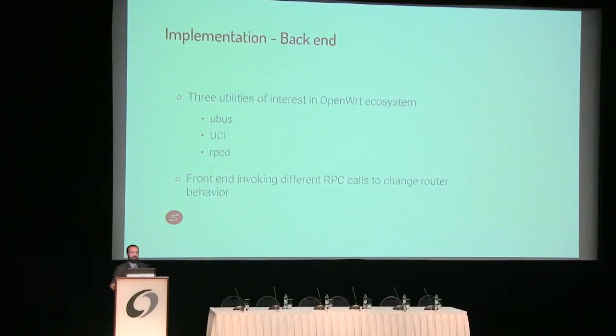And at the end, RPCD, the remote procedure call daemon, which is used so that the front end invokes RPC calls to change the router behavior. For example, the front end invokes a call to change your LAN IP in the configuration file for the network. So this is the basic idea of how this can be implemented in OpenWrt ecosystems.